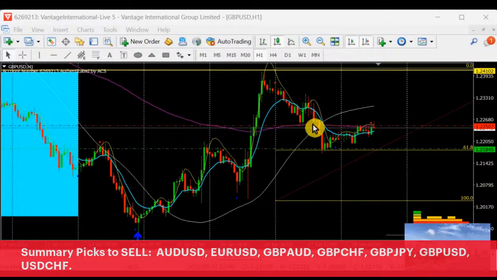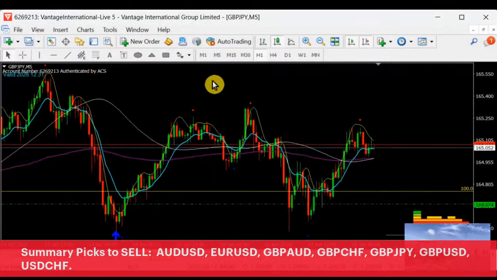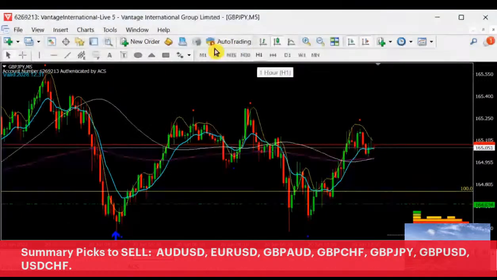Currently we are still waiting for something that can give us some clarity, but it's still in the range. For example, pound yen over here is also still within this range, hovering around.